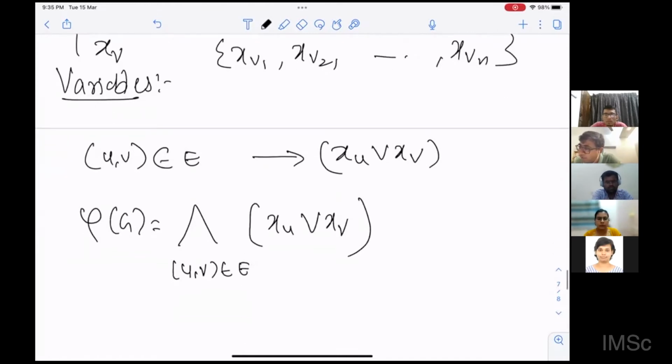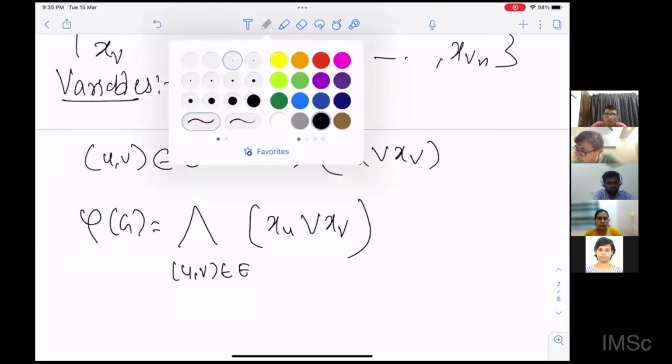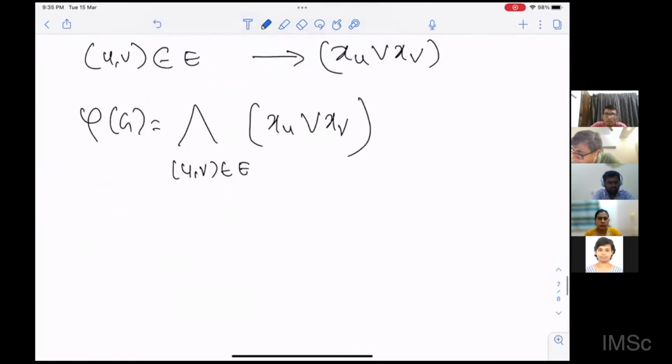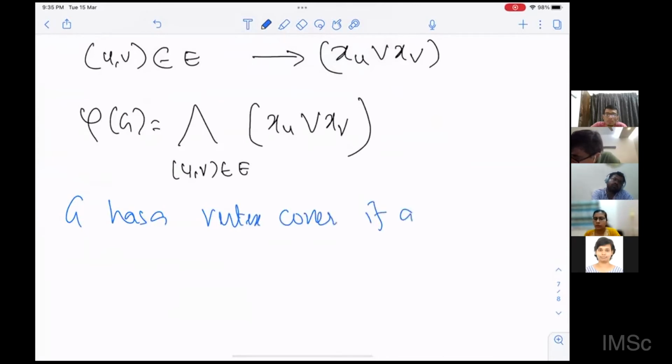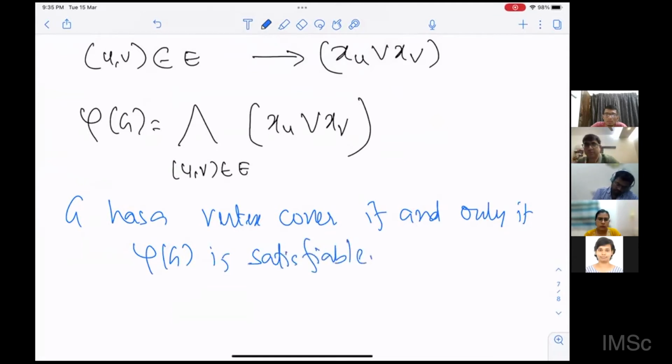I want to say that G has a vertex cover if and only if phi of G is satisfiable. Am I right? Is this fine with everybody? I'm not talking about the size constraint.